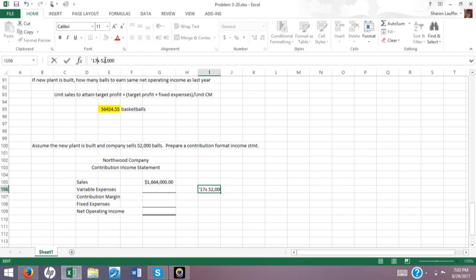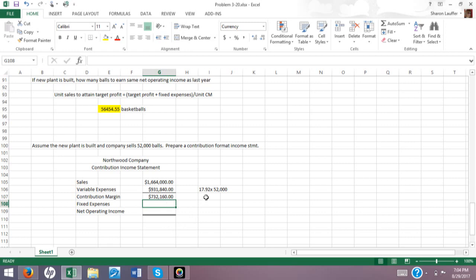I was using the contribution margin. 1792 times 52,000 balls. There we go. So if you do this math, your variable expenses are $931,840. So your contribution margin is going to be your sales less your variable cost.